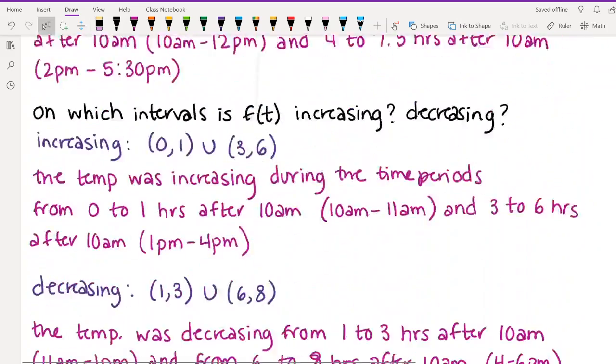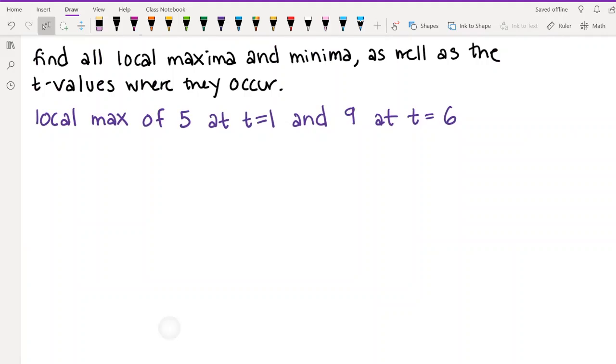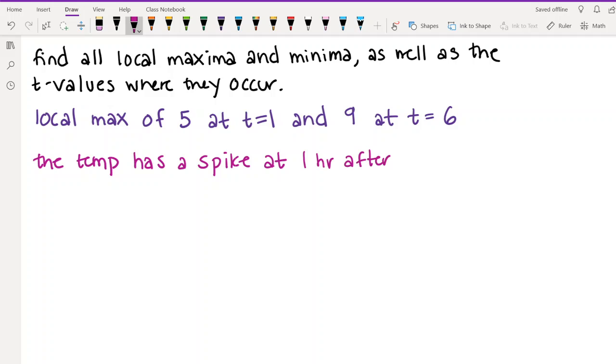And so what we can say is that the temperature has a spike at 1 hour after 10 a.m., so that would be at 11 a.m. And it reaches a temperature of 5 degrees Celsius.